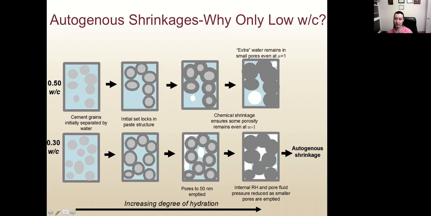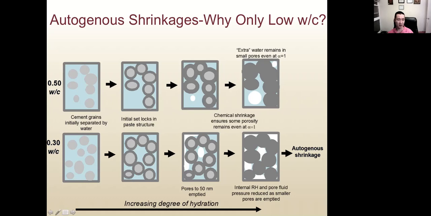And we have porosity. The pores in this high water cement ratio concrete are still saturated because we have extra water in these pores, even if all the cement is fully reacted. So the pores are not dry.